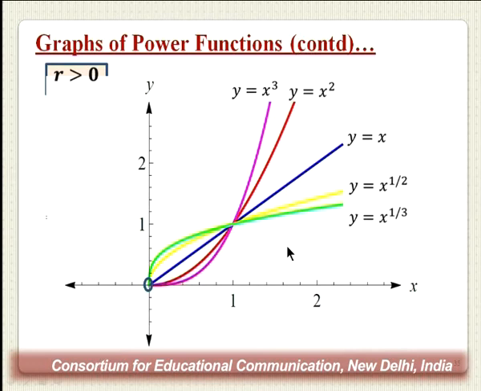The second point that you would have observed by now is that all of these graphs pass through (1, 1) in the xy plane, as I said a little while ago. So (1, 1) is going to be a point on all these graphs. So all these graphs intersect at (1, 1). Okay, so this is something I wanted to talk about for a general power function.